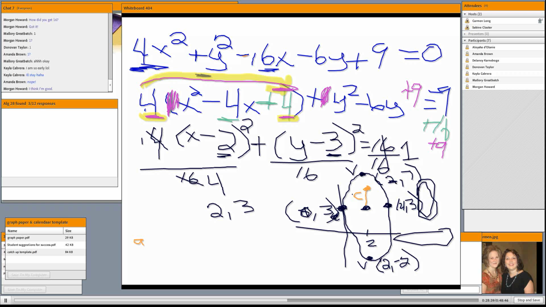That distance is going to be the value of c. So remember, we're going to use our Pythagorean relationship, a squared minus b squared equals c squared, to find the distance to the focus point. So a squared is 16, b squared is 4, 16 minus 4 is 12, and take the square root of both sides.